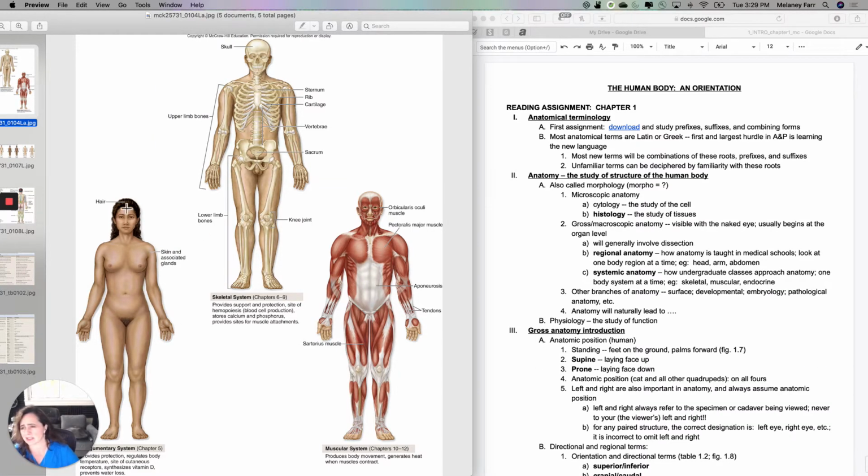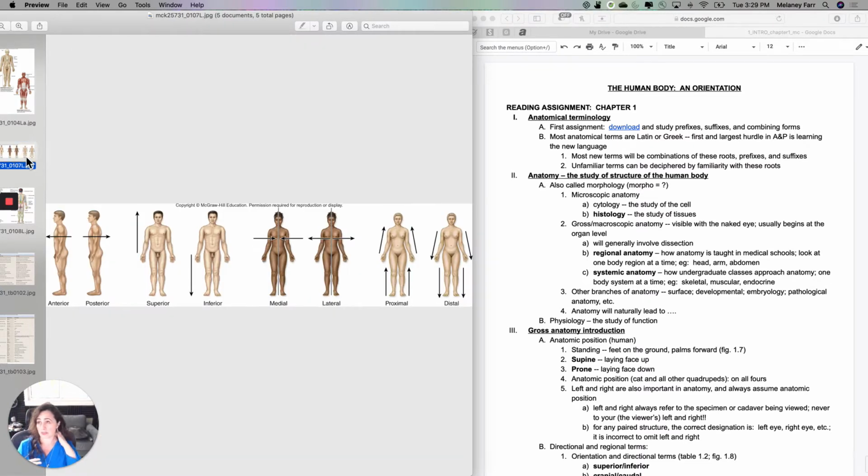Figure 1.7 is not super important, but later on, for instance, when we're looking at the names of all of the muscles of the forearm, which are really difficult for most people, you may want to copy them into your notes, maybe even take the labels off, which you can also do in Google Docs, and then practice it that way. Or for something that's really specific and detailed that I use in lecture, you may want to put them in your notes. So anyway, those are up to you. You can do what you want with them.